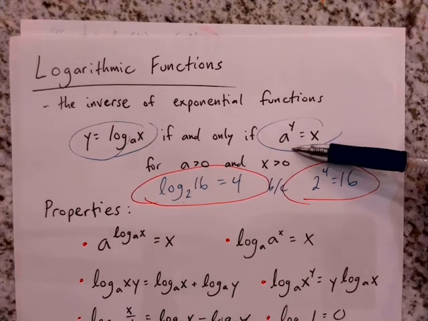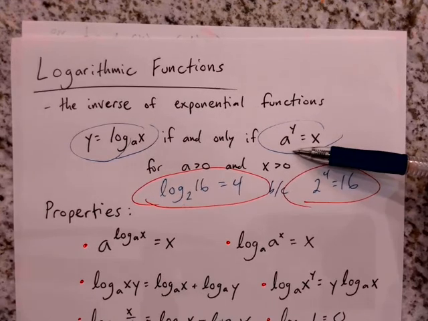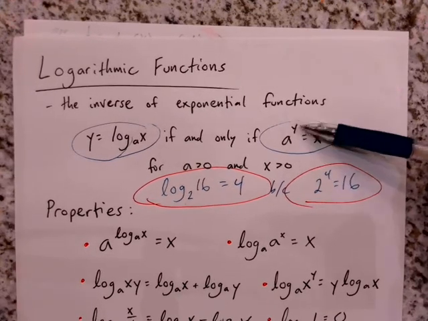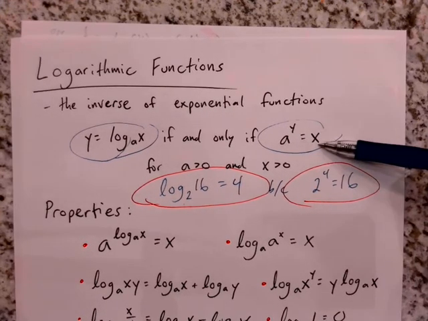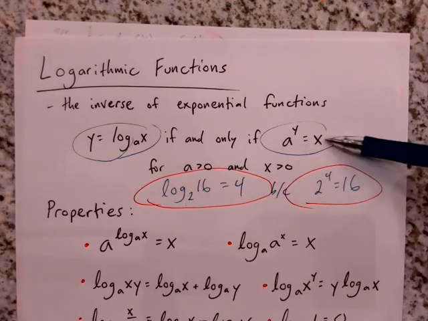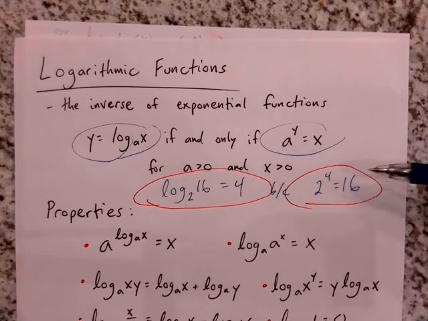If a is positive, then you can't raise a positive number to any power and get a negative number. So x has to be positive since a is positive. And just like with exponential functions, you could have negative bases. You could have log base -2, and it does crazy things as a complex function with imaginary values. But we care about the real numbers, and so we're not going to go there.